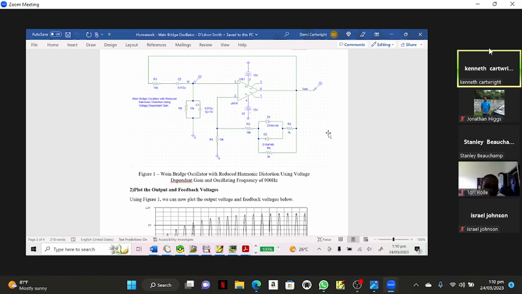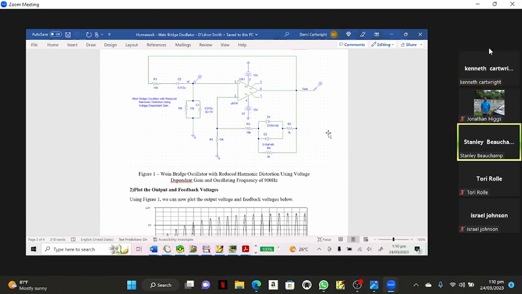So what's the gain? You're getting 2.875. Exactly. 2.875, which means what?